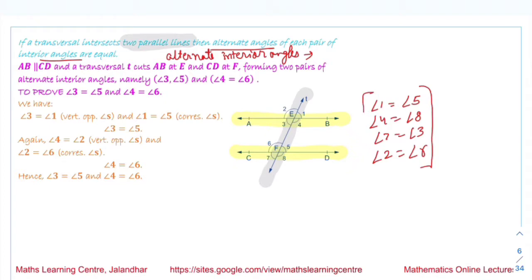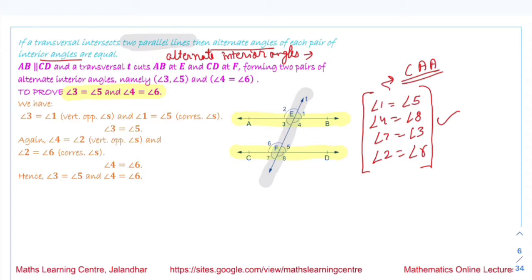Why? Because these are corresponding angles, and the corresponding angle axiom says that these angles are equal. Now what we have to prove is that angle 3 is equal to angle 5 and angle 4 is equal to angle 6.